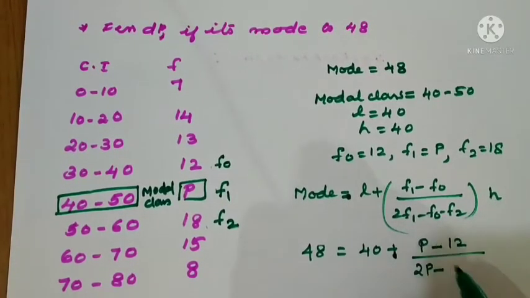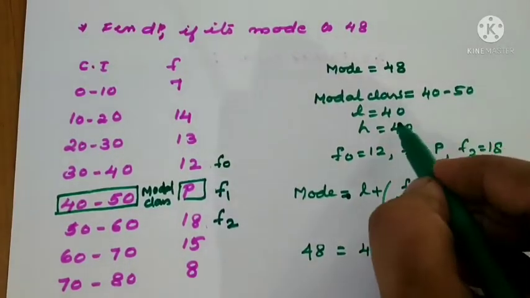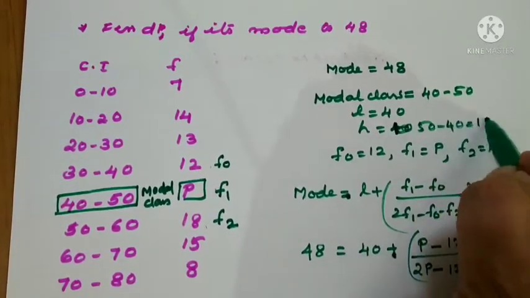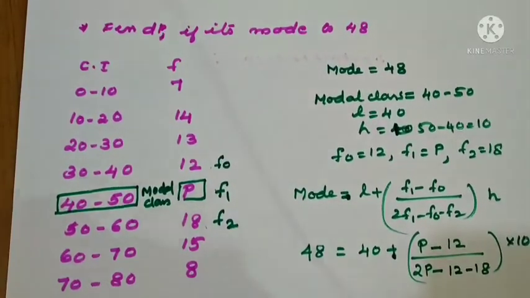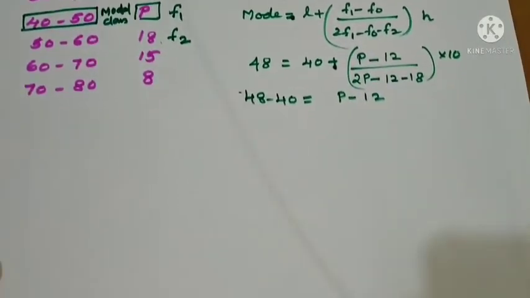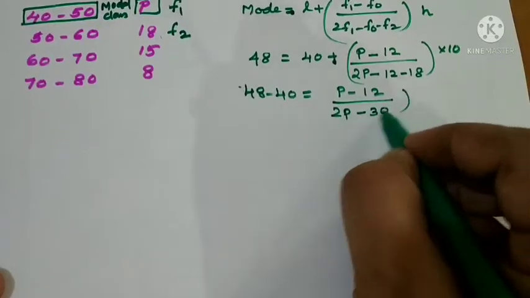F0 is which one? 12, then 18, into H. H means 50 minus 40, this is 10 only. So I'll write here 10. The first step is that this 40 we bring to this side. So 48 minus 40 equal to P minus 12 divided by 2P minus 30 into 10.